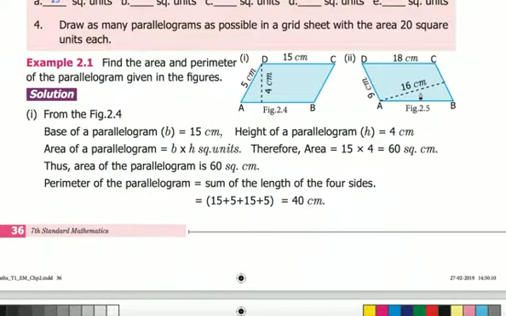So how to find the area when the height is not given? That is where the problem lies, right? Okay, no problem. Let me see. Oh, this is given. This is 16 cm.